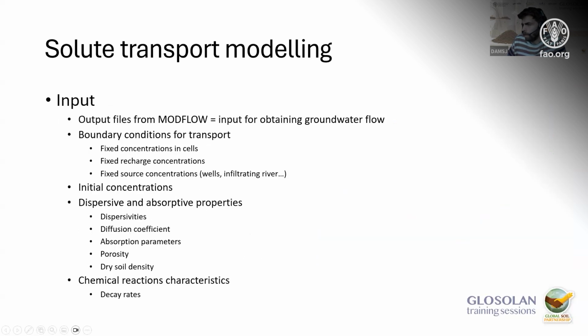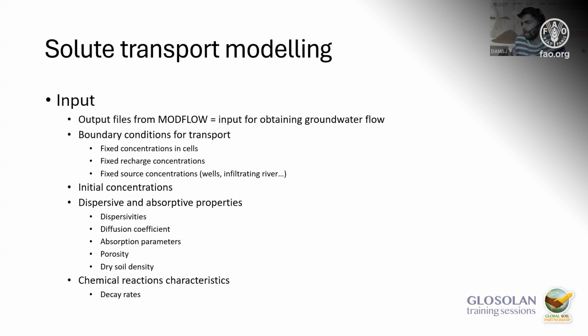And again, it is modeling software. The typical inputs, as specified: you need a flow model first, so that is one of the inputs. And then you need to specify additional boundary conditions for the transport, which could be fixed concentrations, for example, in cells. Where is your pollutant entering the system?